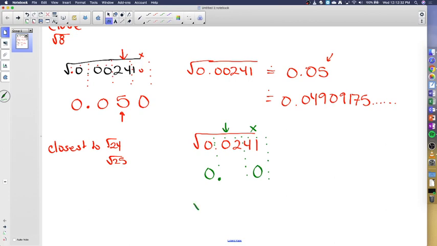So I'm looking for the closest square root to the square root of 2. Well, the closest perfect square to that one is the square root of 1. And the square root of 1 is simply just 1. So I'm saying that the square root of 0.0241 is approximately 0.1. Okay, now is that estimate perfect?